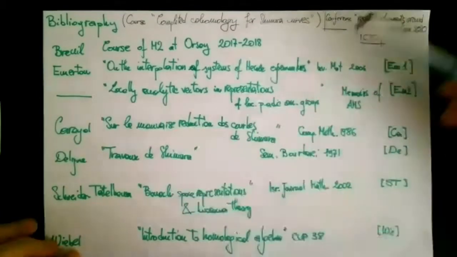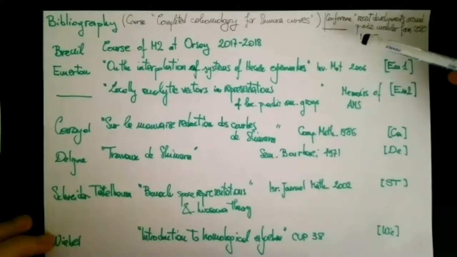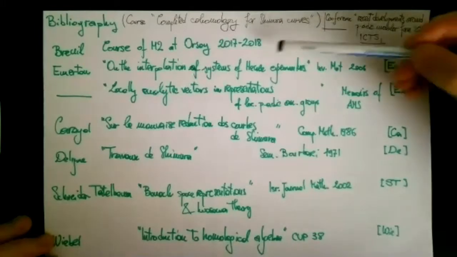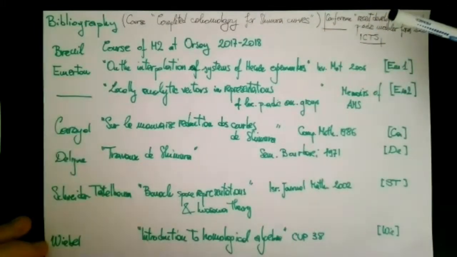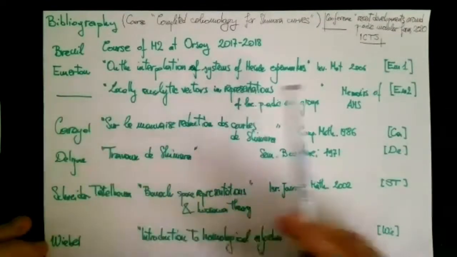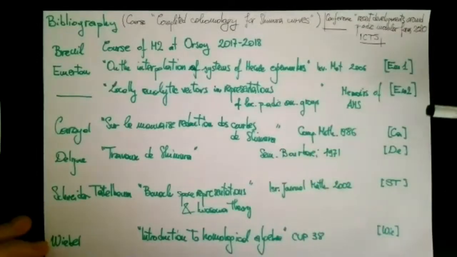And here is a bibliography of the material that we will use during this lecture. We follow a course of Christophe Breuil, which was given in Orsay a couple of years ago. Then the main reference will be the paper of Emerton, Interpolation of Systems of Hecke Eigenvalues.